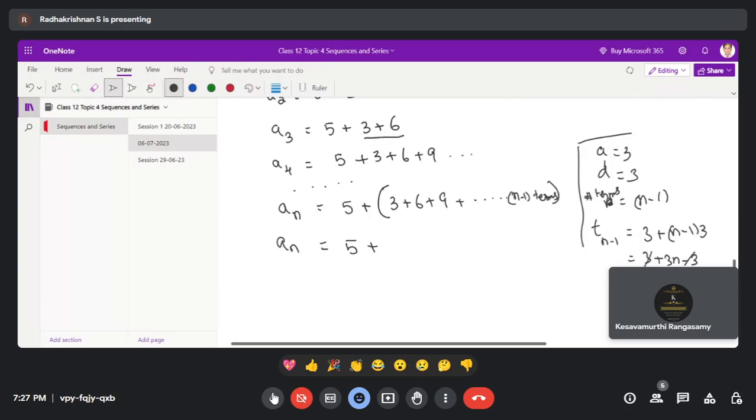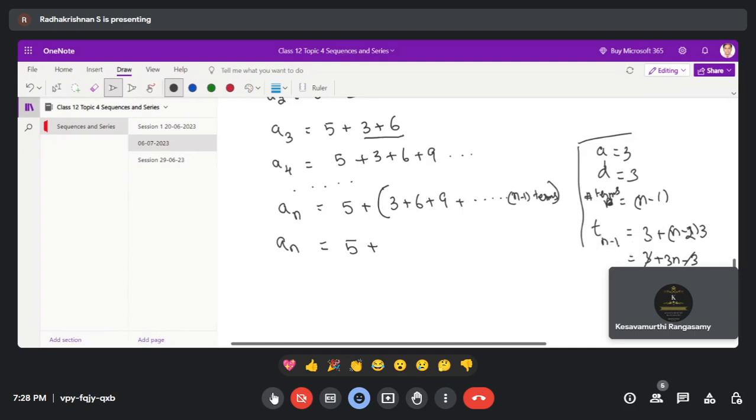Very good. Let's go step by step. Since the nth term is going to be 3n, you can see that also. First term is 3, second term is 2 into 3, third is 3 into 3, and so on. So the last, n minus 1th term will be 3n. Sorry, this is n minus 2, that's why it's coming wrong.